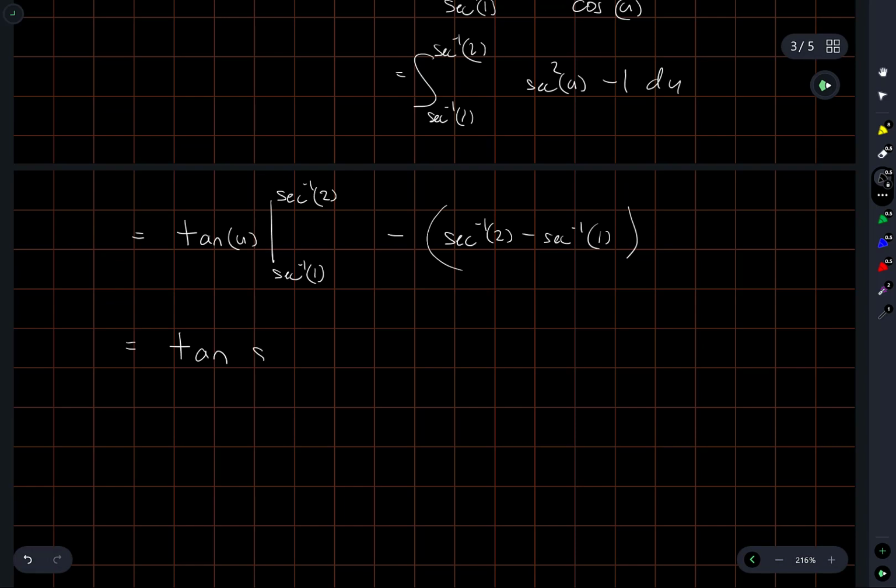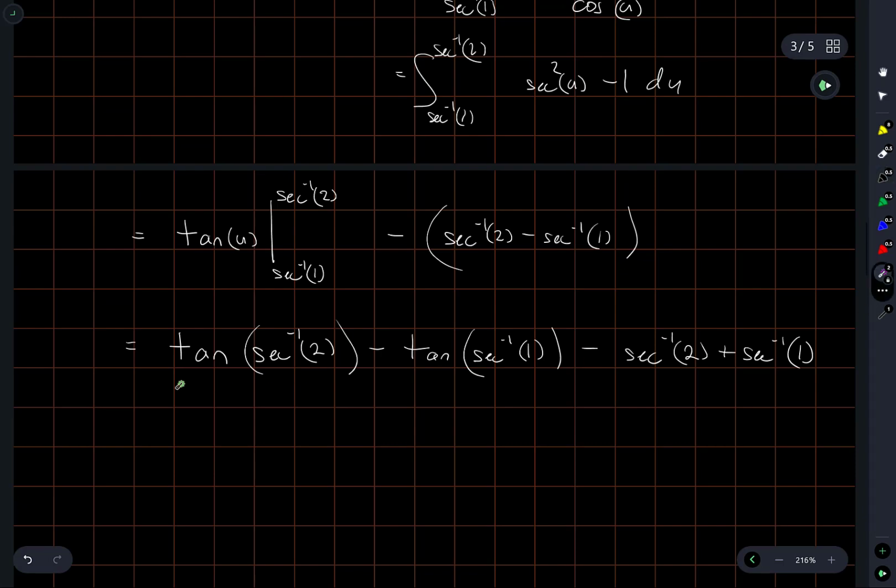So the tangent of secant inverse of 2 minus the tangent of secant inverse of 1 minus secant inverse 2 plus secant inverse 1.